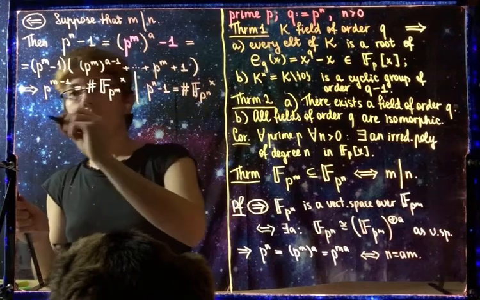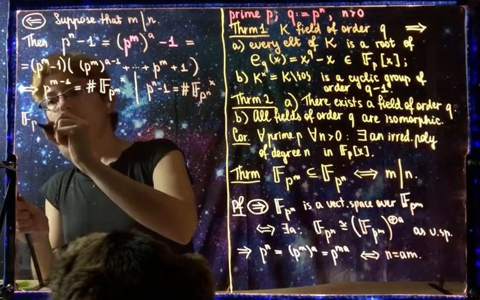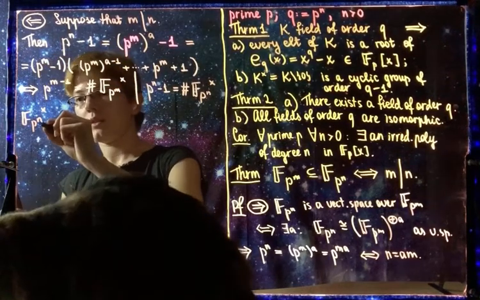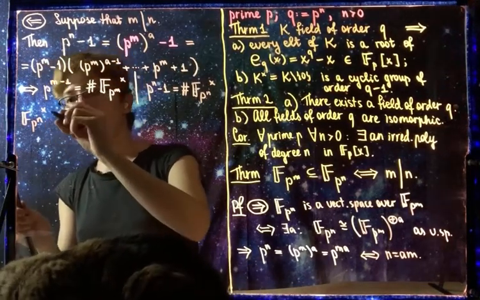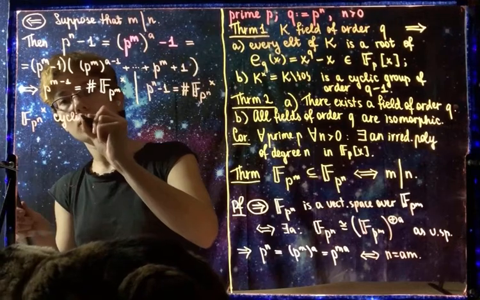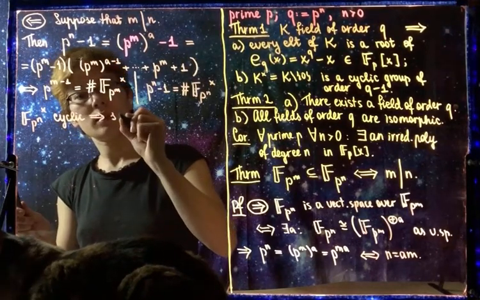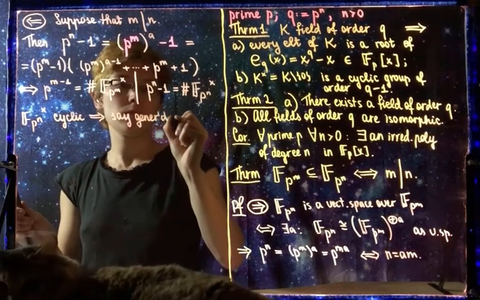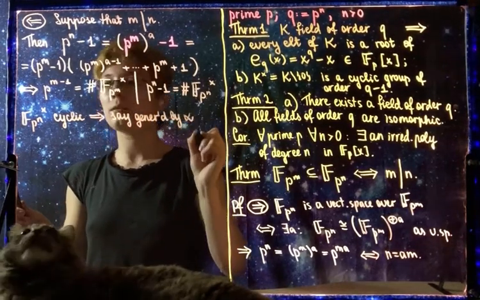So we know that F sub p to the n, the invertible elements form a cyclic group. And we can say that it is generated by an element alpha.